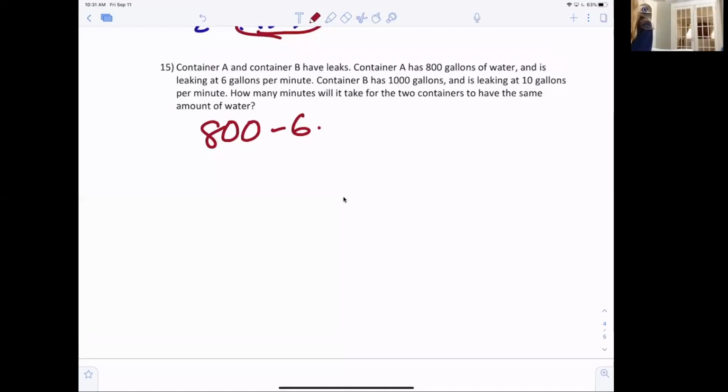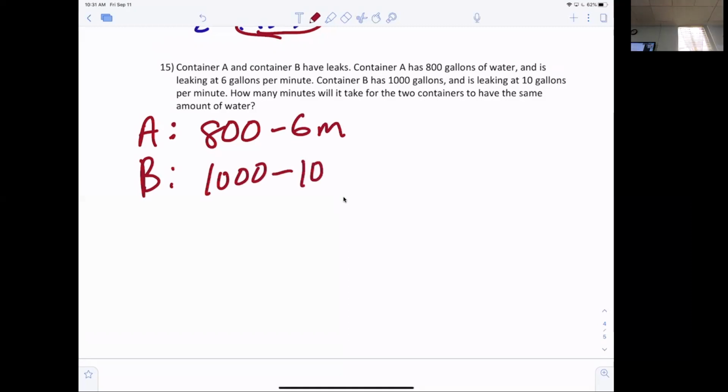So this represents A. But what does B represent? B represents 1,000 minus 10. 10 gallons per minute.